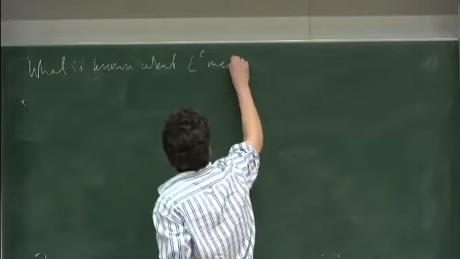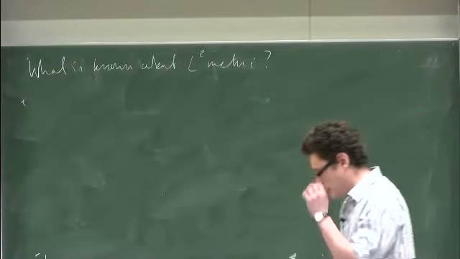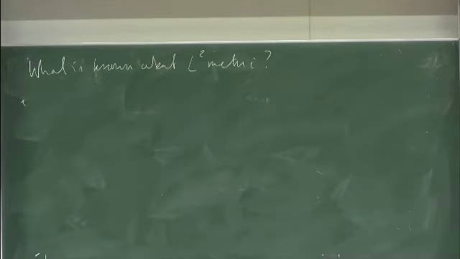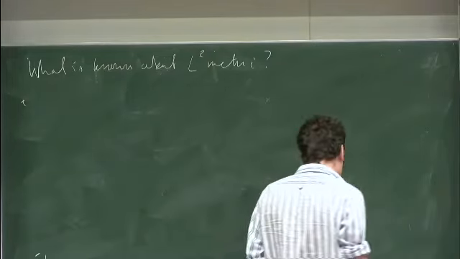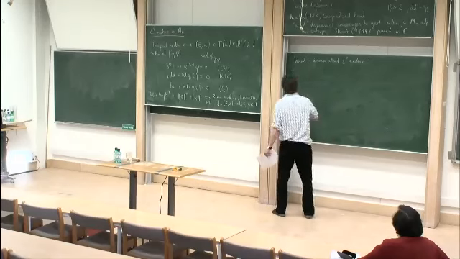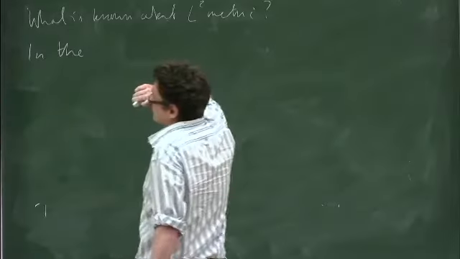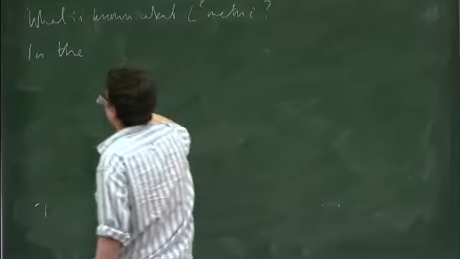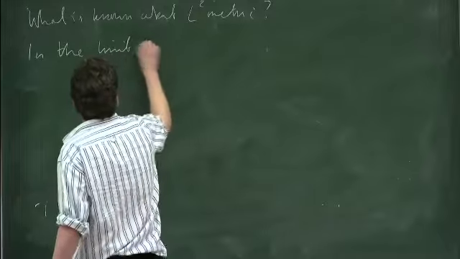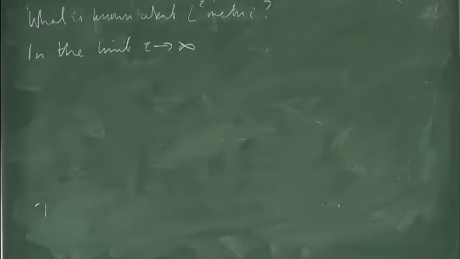Okay, well, in general, it's quite hard to find exact results about this metric. Even though it's defined quite concretely, it is hard to find explicit formulae and so on. But there are certain limits where you can say interesting things. So, for example, remember we've got this parameter on a compact space anyway, tau. In the limit where tau goes to infinity, you can ask what happens to the vortices.